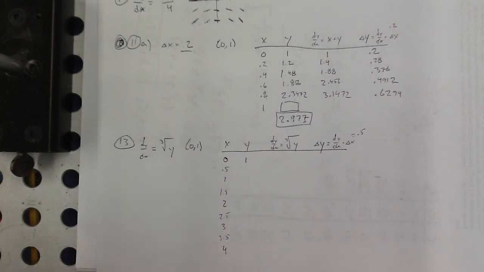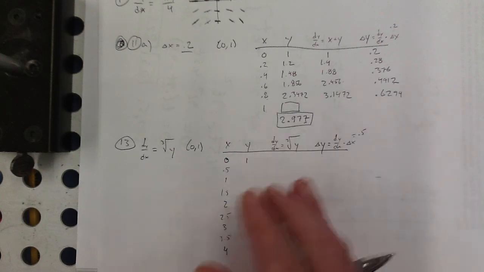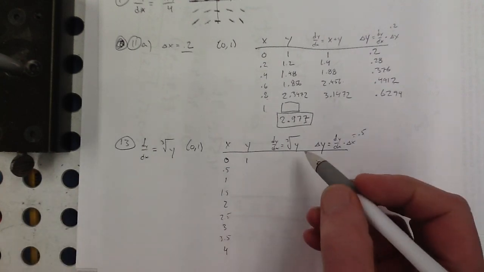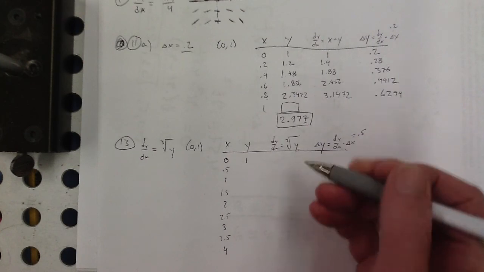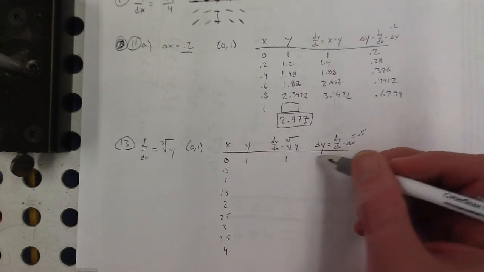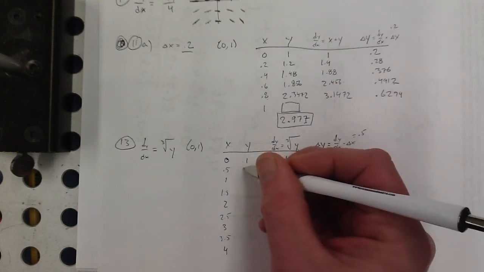I just want to use my program, but we want to see all the steps, so if you got halfway through and made an error, it's nice to see what's happening. The dy/dx is the cube root of y, which here is 1. The cube root of 1 is 1. Then multiply the slope by 0.5 and add it back onto here.